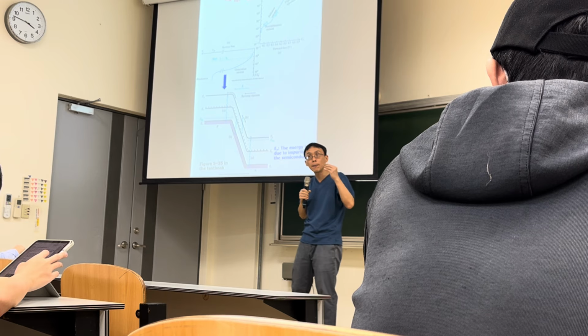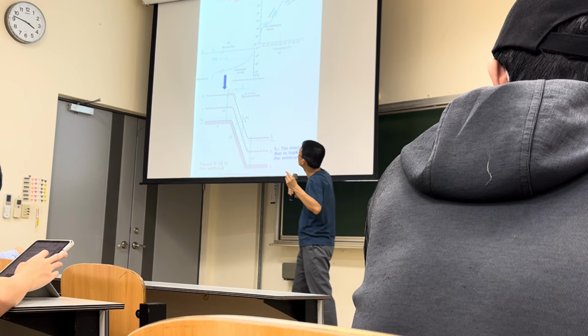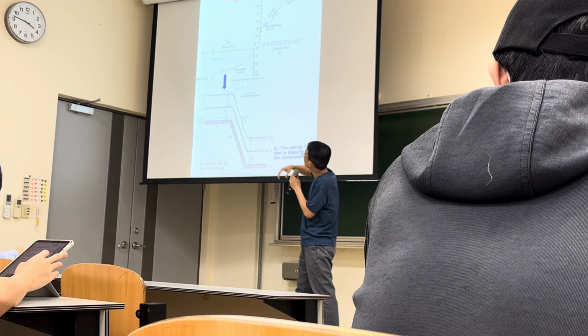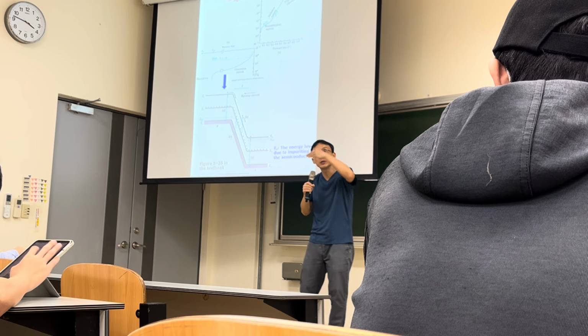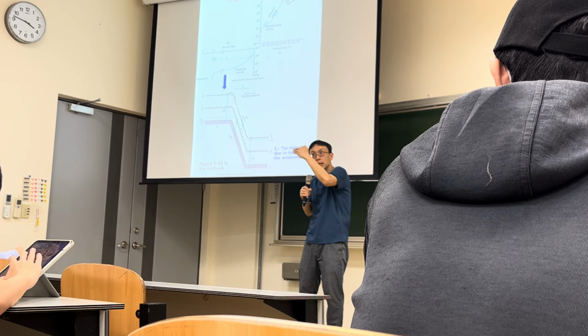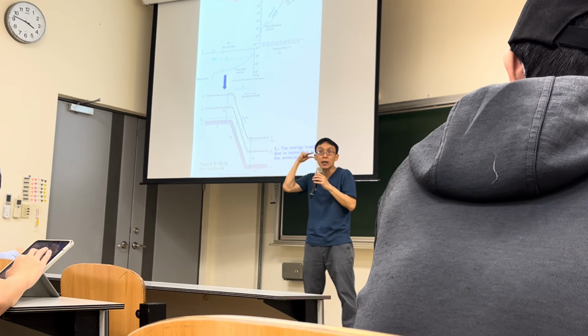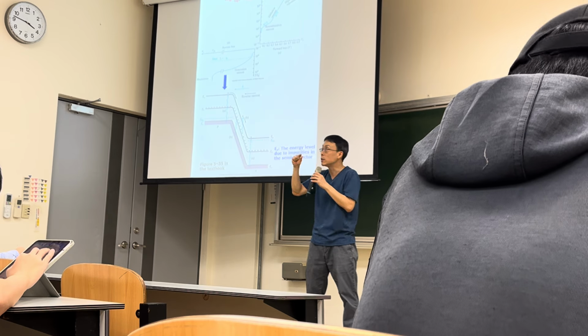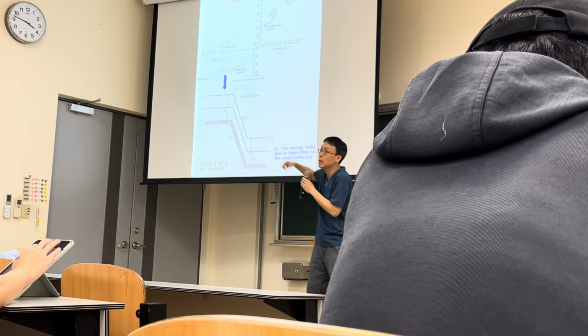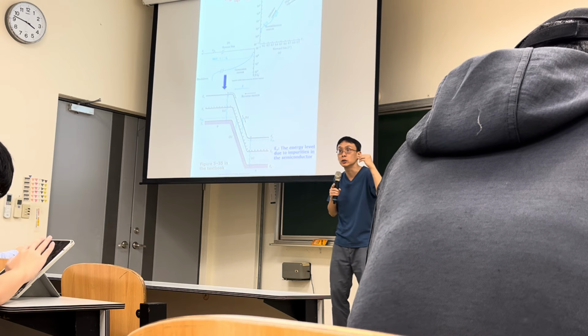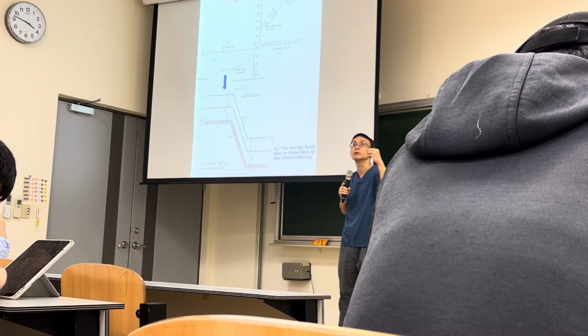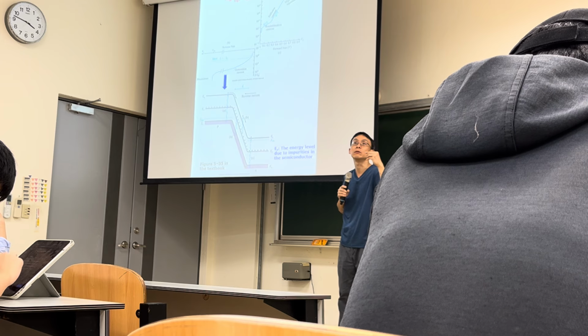But if you apply the bias in the negative direction, you can see the deviation between the dashed line and the solid line becomes larger and larger as you increase the bias negatively.